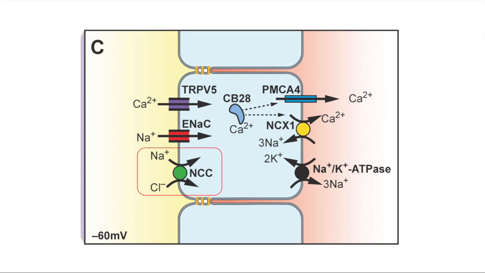For the distal convoluted tubule, there is primary active transport with sodium-potassium ATPase on the basolateral membrane and secondary active transport with the sodium chloride cotransporter in the apical membrane, together with facilitated diffusion by sodium and calcium ion channels.